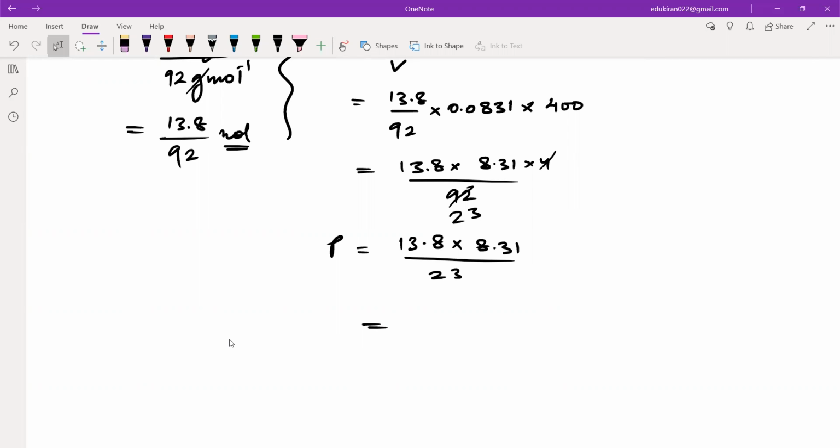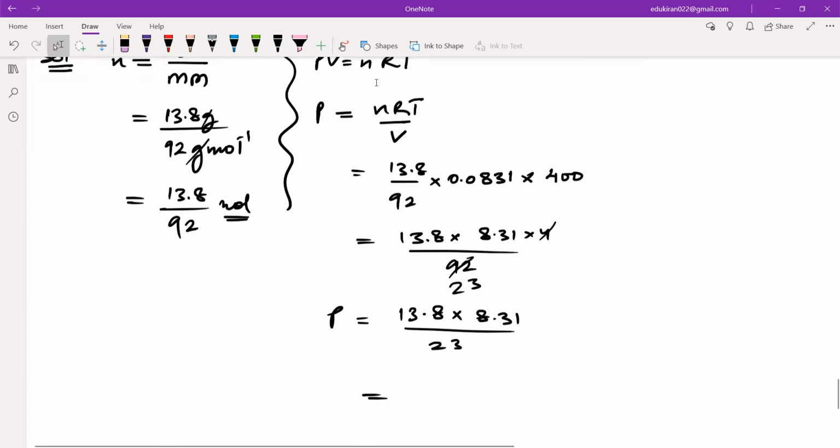So 122 divided by 23. Yeah, correct. The pressure is 4.98 bar. Okay, so we have got the pressure.